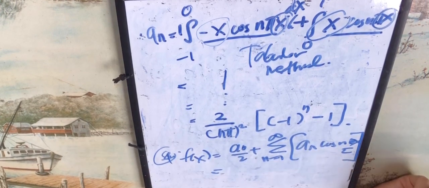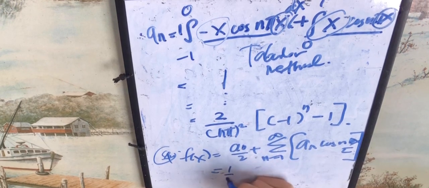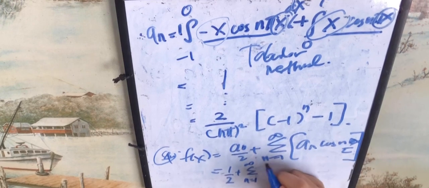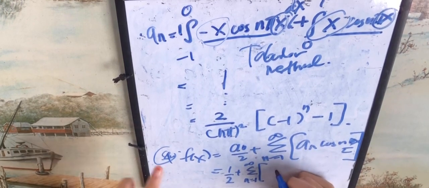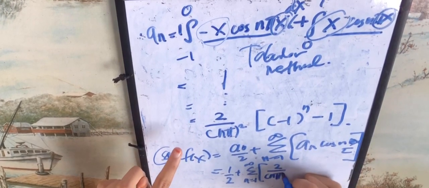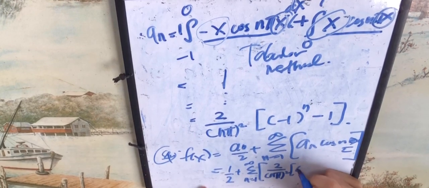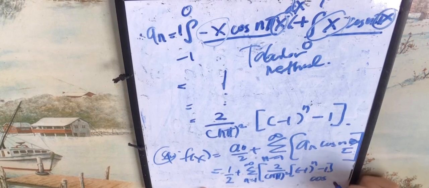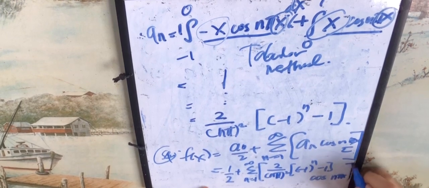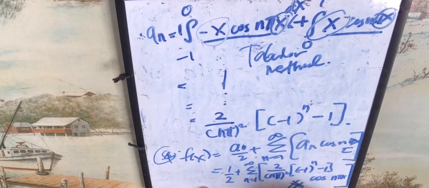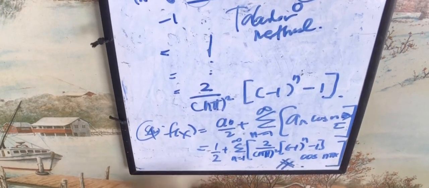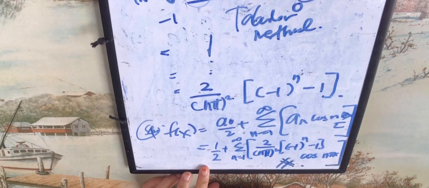So the final answer is 1/2 plus summation from n=1 to infinity, and your a_n just now is 2 over n squared pi squared, in the bracket negative 1 to the power of n minus 1, and then cos(n pi x). So this is the final answer.